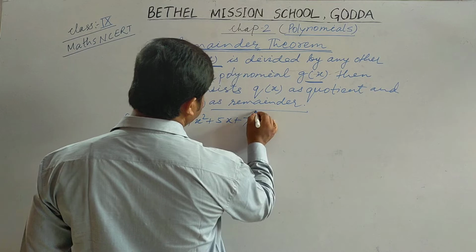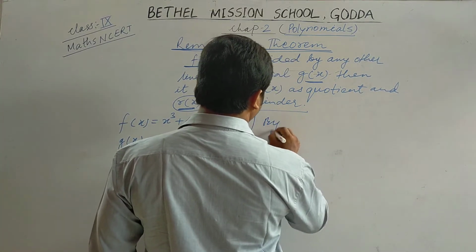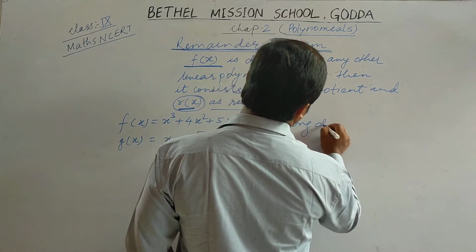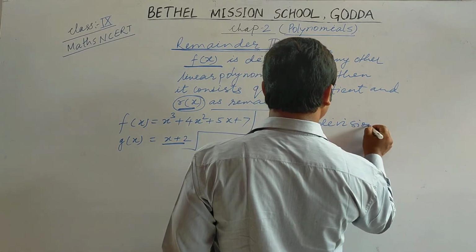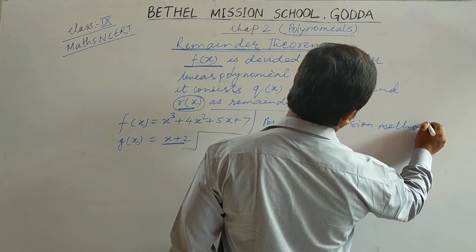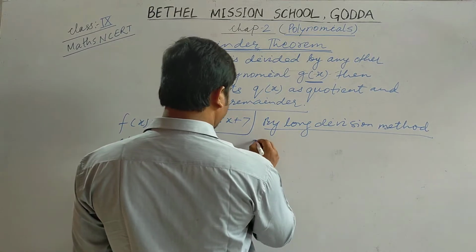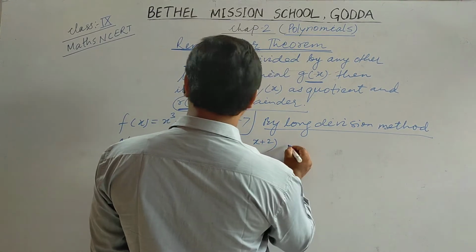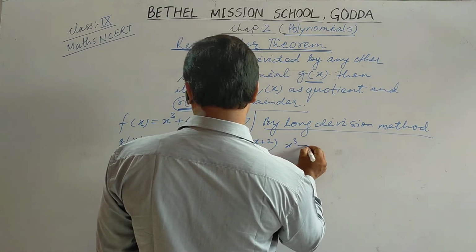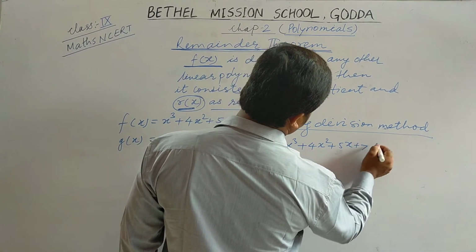Here I am using the long division method, so x plus 2 divides x cube plus 4x square plus 5x plus 7.